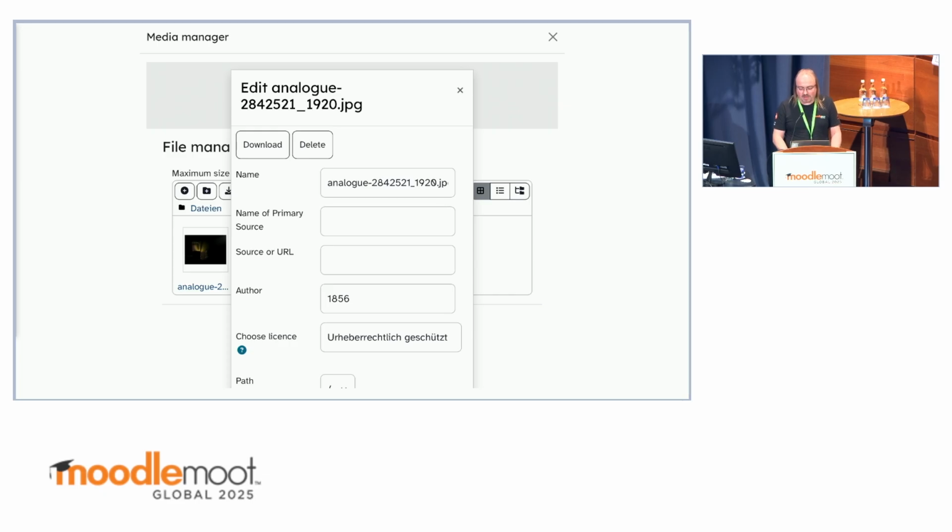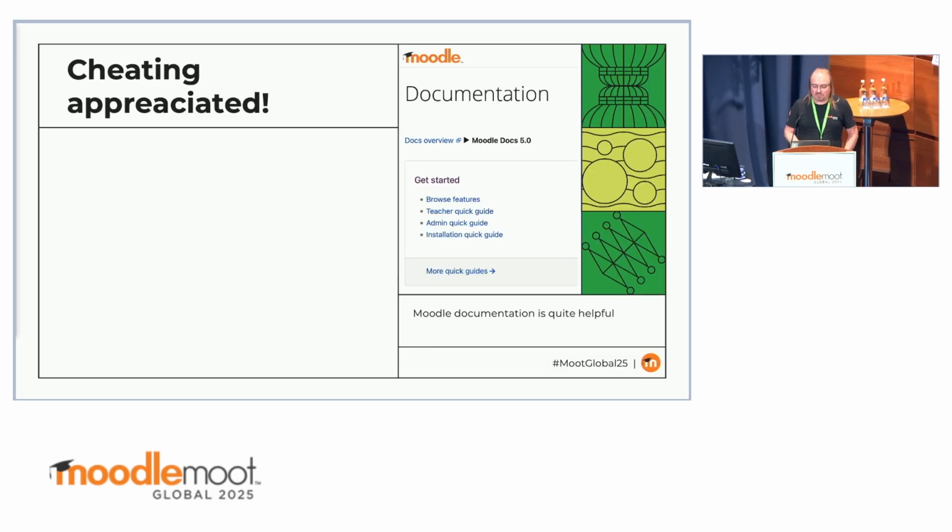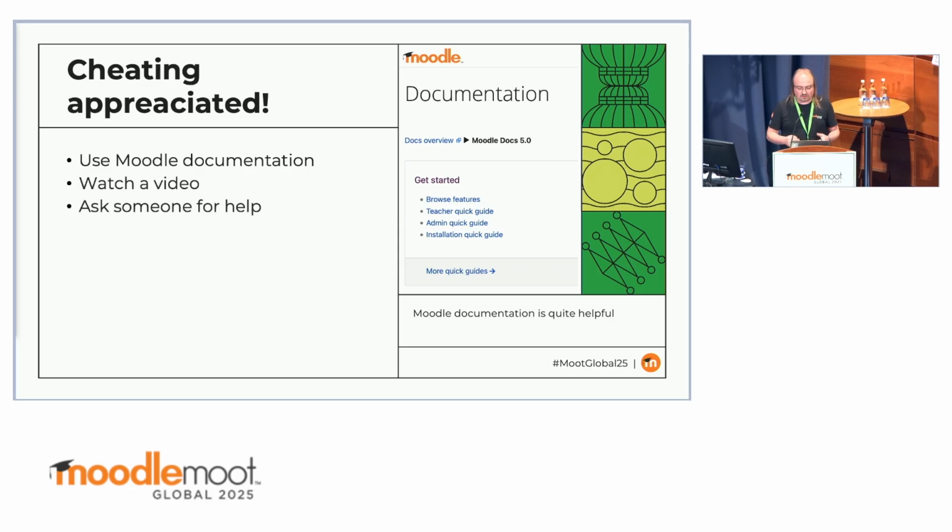And now I'll talk about some principles for escape room games in general. The one I like most is: cheating is appreciated. You hear a teacher saying that. You can use Moodle documentation. It's really great. You can watch a video. You can ask somebody to help.